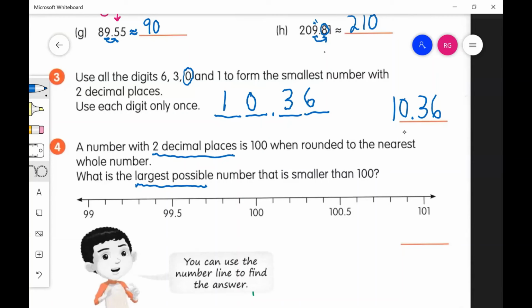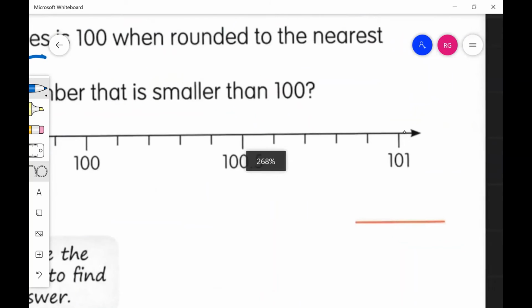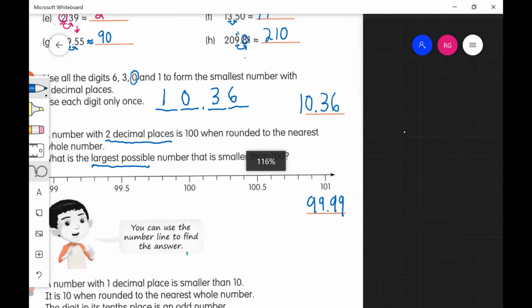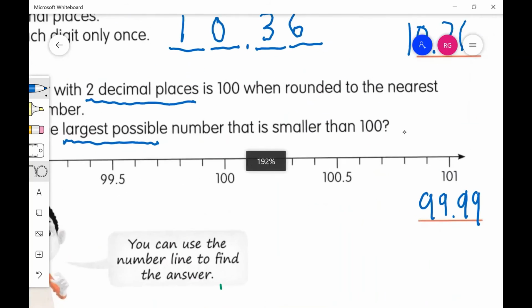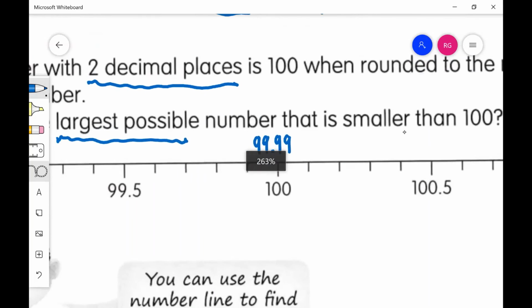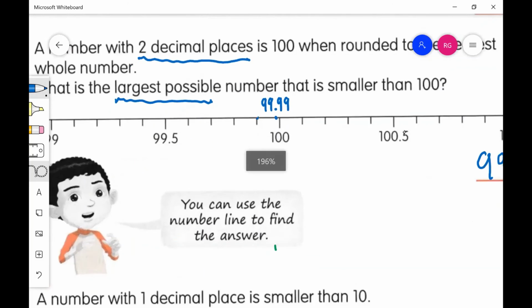Yes, you guys got it. It has 2 decimal places, so we should say 99.99. All right, so hopefully you have 99.99 there, and you could plot it on the line right here. Okay, and that is smaller than 100, so it works.